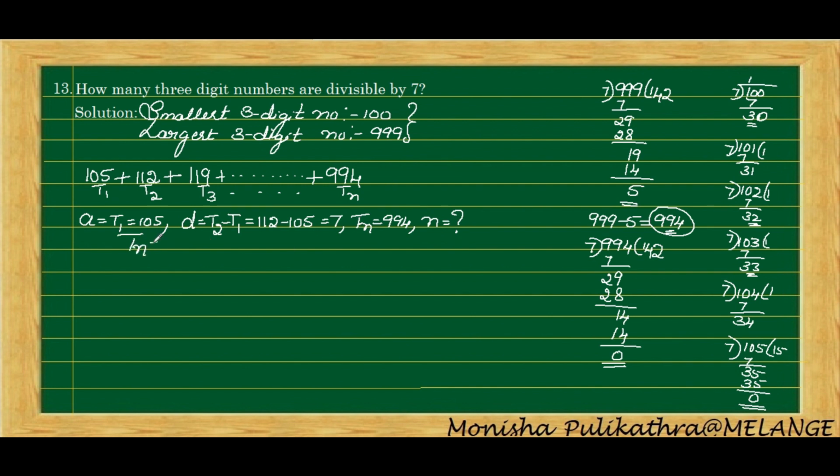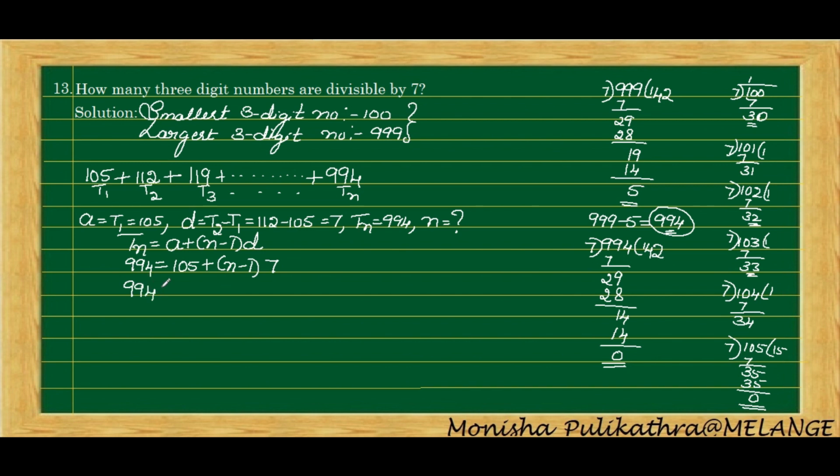First, we apply the Tn formula, a plus n minus 1 into d. So Tn is 994. 994 is equal to a, which is 105, plus n minus 1 into d, where d is 7.